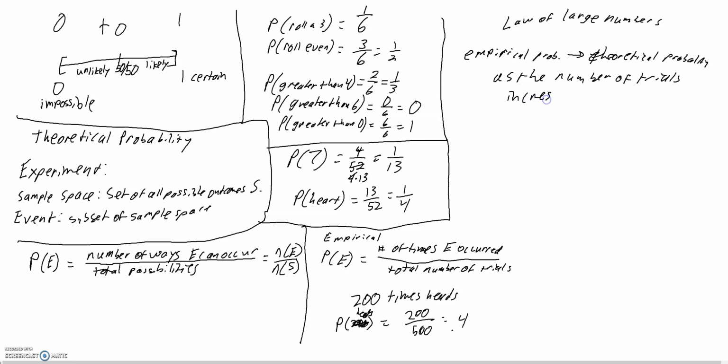That is to say, eventually, as you get larger and larger and larger, you will get closer to what the actual probability is. In fact, there are several different types of probability and modeling that will use the law of large numbers in order to find shortcuts for calculating what the theoretical probability is.